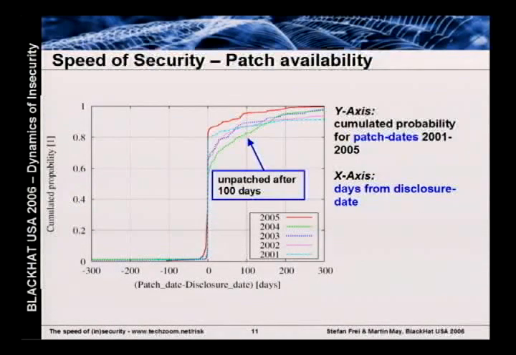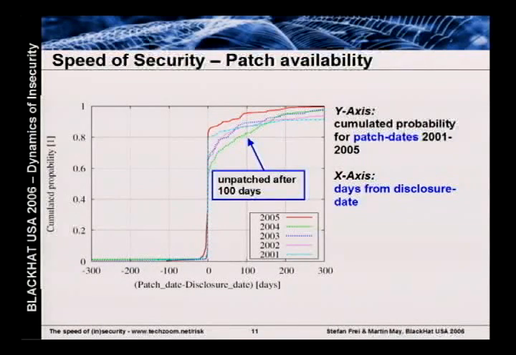The speed of security is, for our research here, how fast patches are made available. If you see this curve, we see that most patches are made available around the disclosure date. It depends on the year. We have a big difference here. So between, say, 60% or 80% of the patches are made available at the disclosure date or a little before.